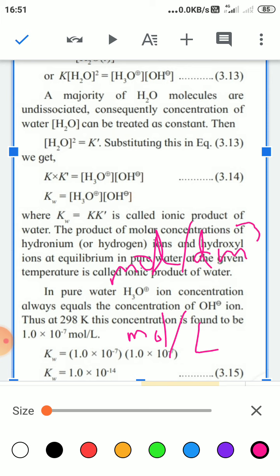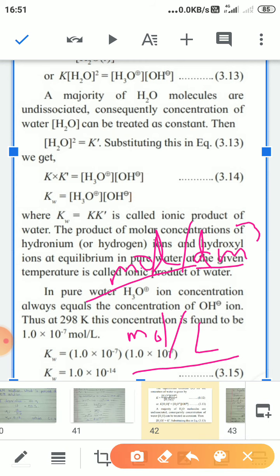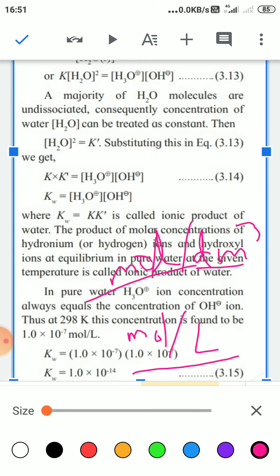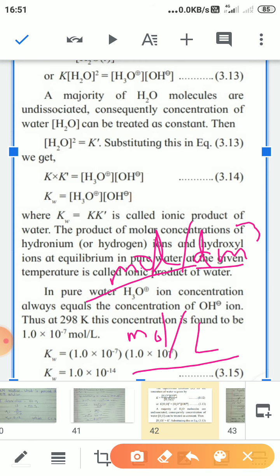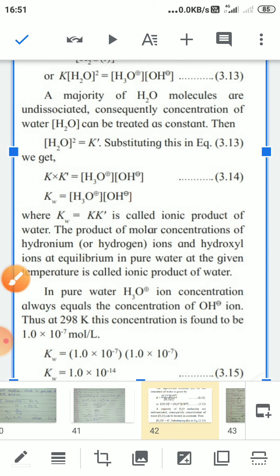So instead of representing concentration as mole per decimeter cube or mole per liter, we are expressing the concentration of H3O plus ion or hydronium ion in logarithmic scale, and it is called as pH scale. Now we are going to see the next point, which is pH scale.